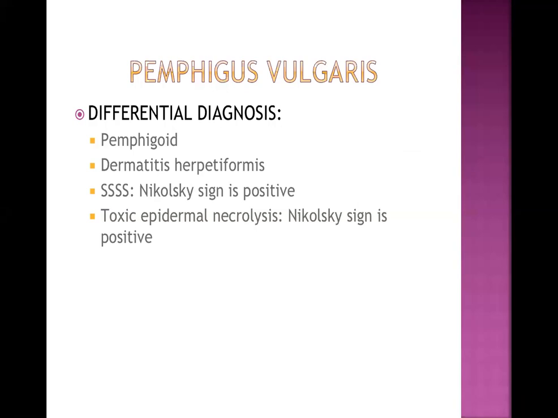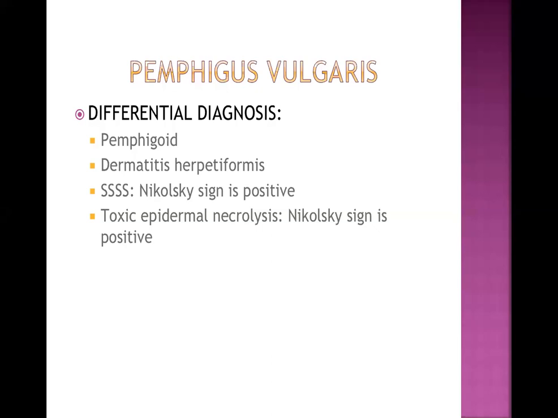Whereas in bullous pemphigoid, the lesions are deeper, so they are still intact when the patient visits the doctor. And they are tough blisters, not easy to break or destroy.